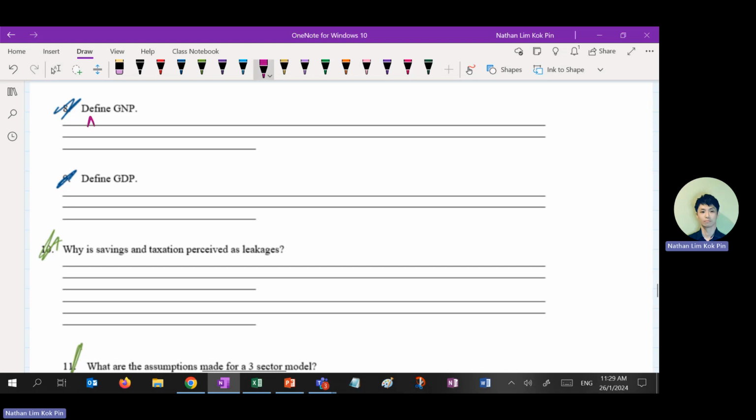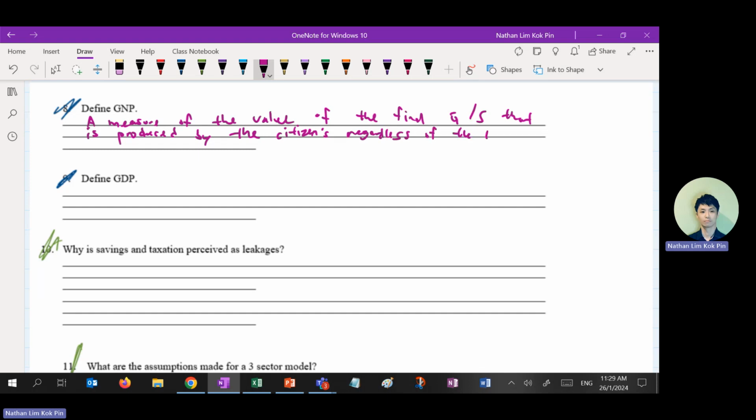So what is GNP? It can be defined as a measure of the value of the final goods and services that is produced by the citizens, regardless of the location.